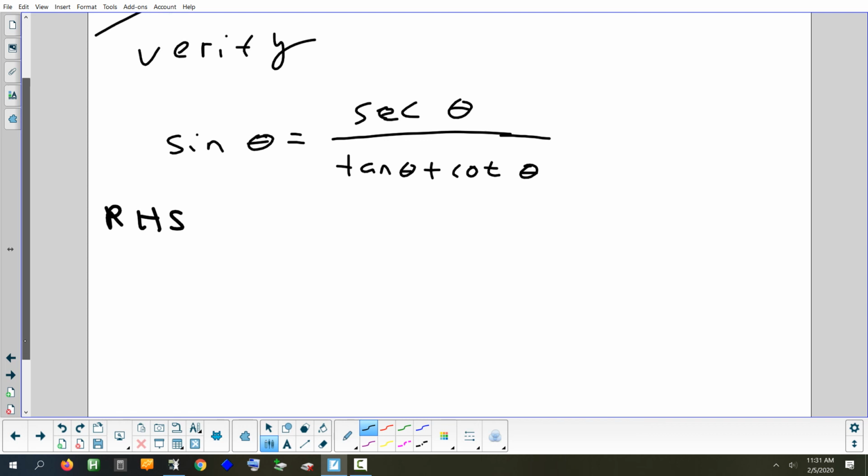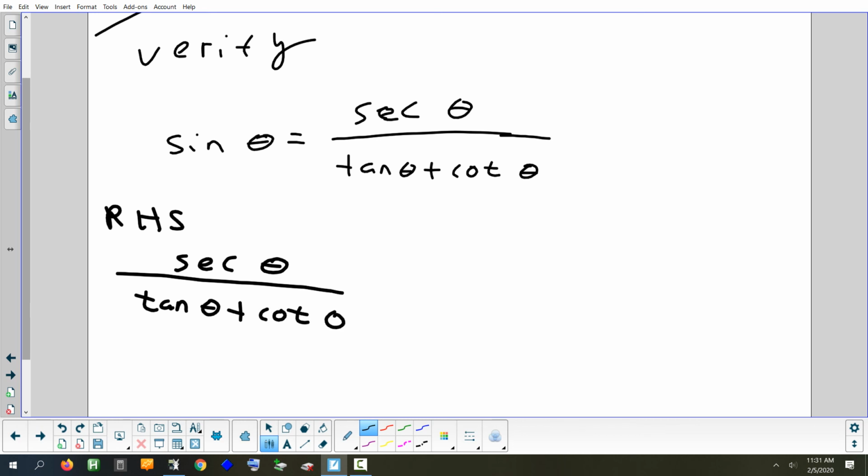So let's just copy over the right-hand side. Secant over tangent plus cotangent. Okay, what's one thing that I could try first on that right-hand side? So far, I've only shown you two things to try right at the beginning.